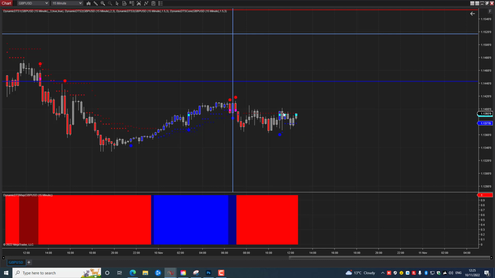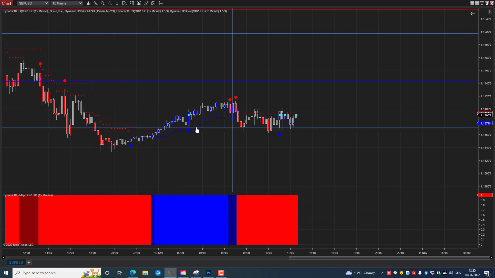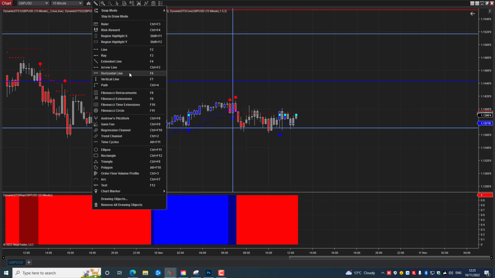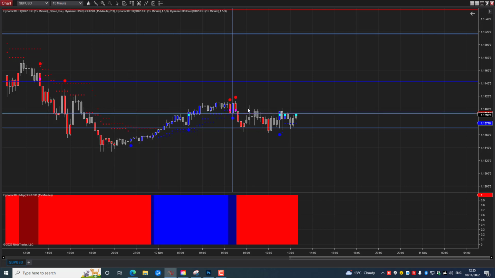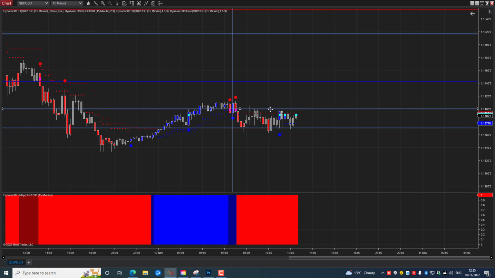We're bumping our heads on this previous resistance, and I can see support here. So it wasn't a great market to be trading at all. If we draw in these lines, you can see it's bouncing around. The system has put the support and resistance in for you. You can quite clearly see it's not a great market to be trading.